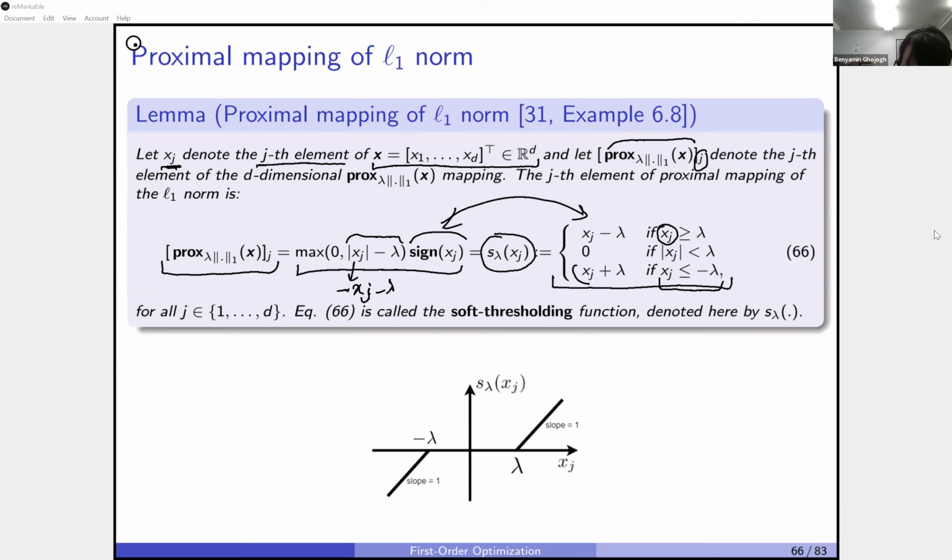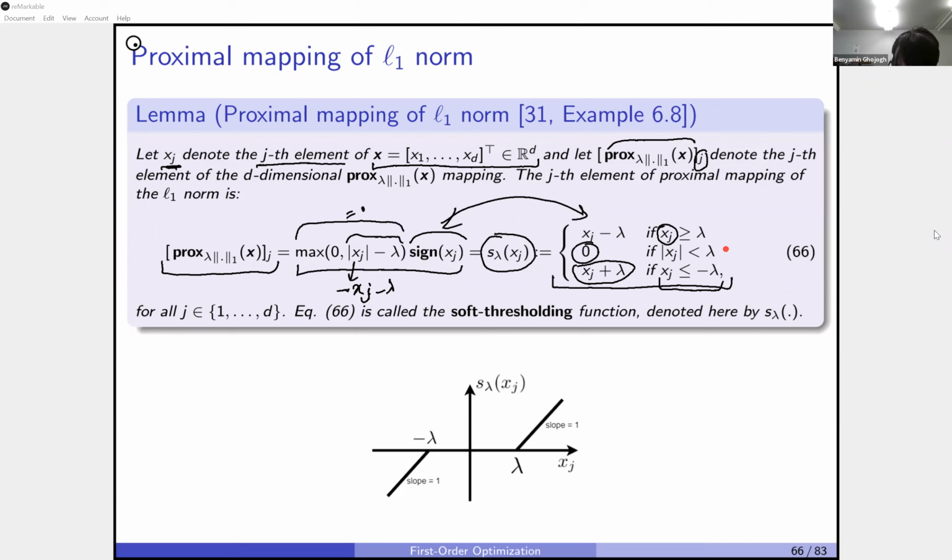Therefore, we'll have xj plus lambda. Now let's see the middle case. When the absolute value of xj is less than lambda, so if xj is between minus lambda and lambda, this maximum becomes 0, and the whole thing becomes 0.